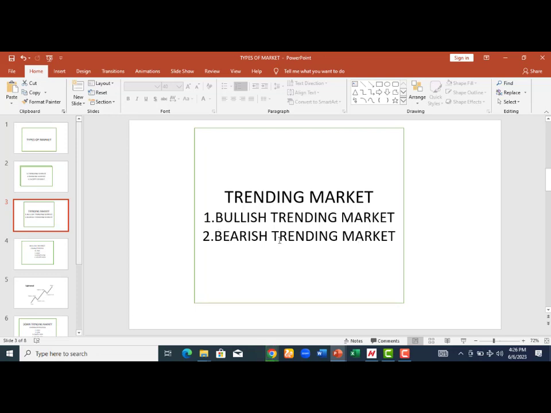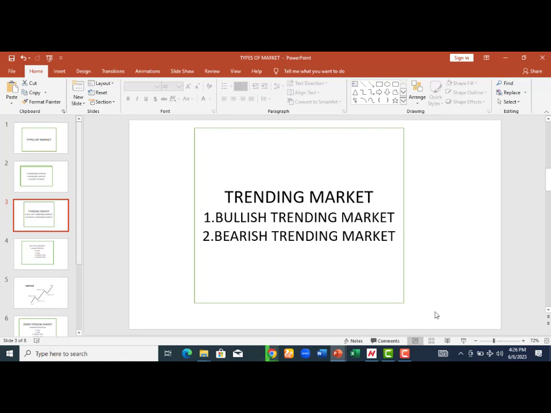And we have the bearish trending market, or the downtrending market. When a market is moving upward, it's known as a bullish trending market. And when a market is moving downward, it's known as a bearish trending market.